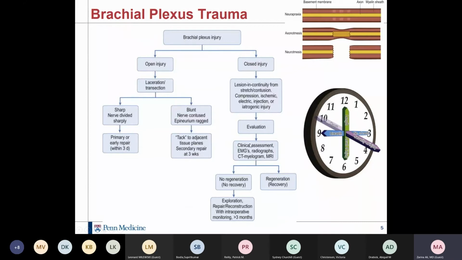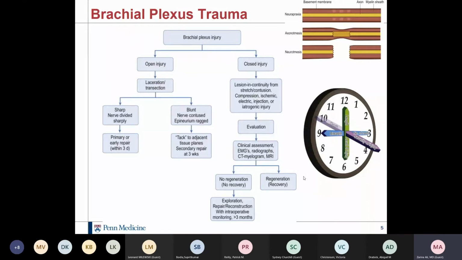The history and physical are extremely important in peripheral nerve surgery, and the timing of the incident and what the clinical exam looks like over time is critical to understand whether or not there is regeneration happening. And we use a variety of adjuncts, including EMG studies. We use imaging studies such as ultrasonography, CT myelogram, and MR, also to assess whether nerves are in continuity or not.